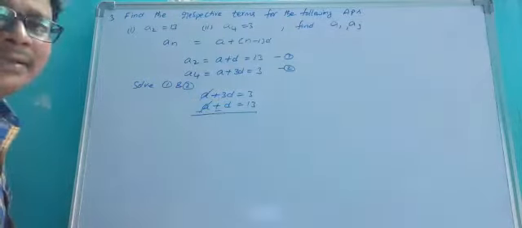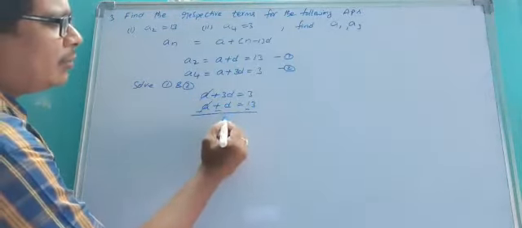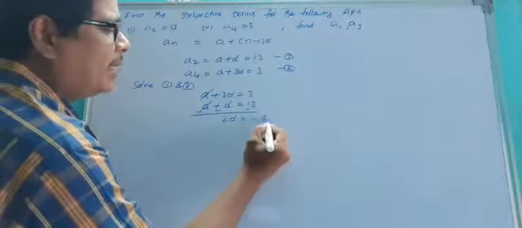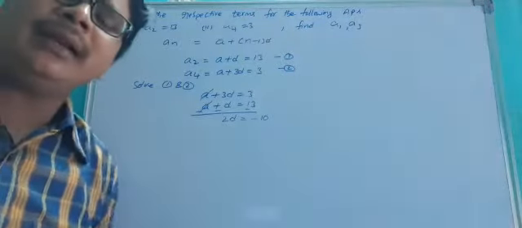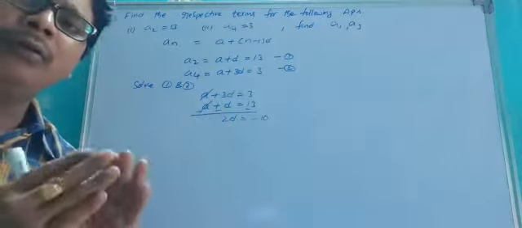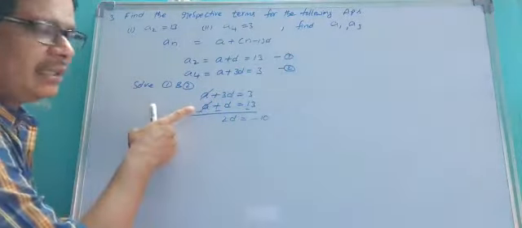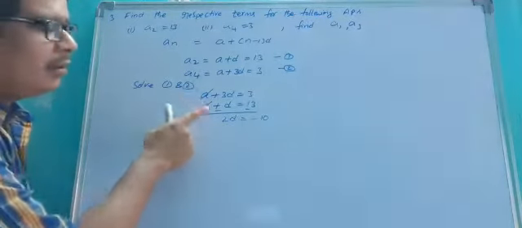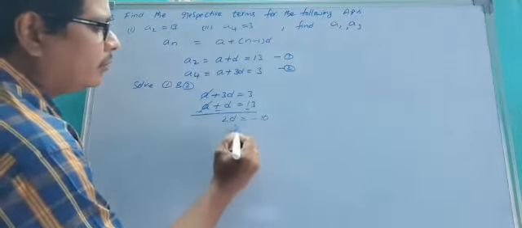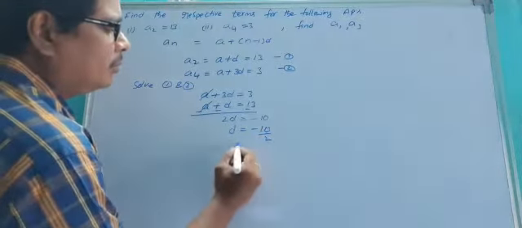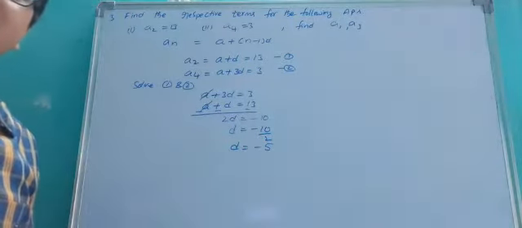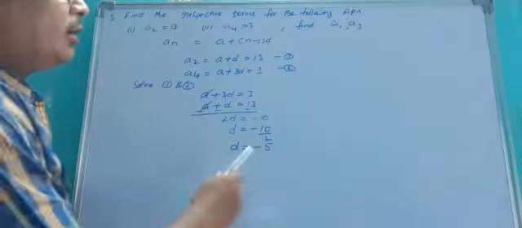Plus a minus a cancels, and 3d minus d equals 2d, equal to 3 minus 13, that equals minus 10. So we eliminated the variable a. So 2d equals minus 10, d equals minus 10 by 2, d equals minus 5.